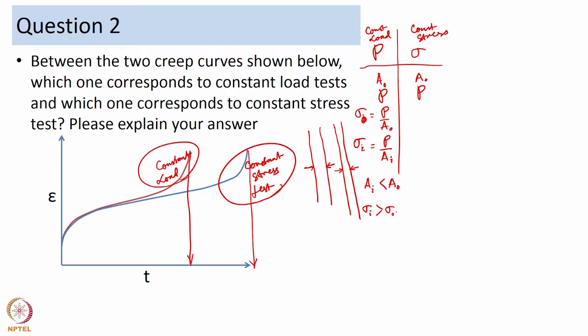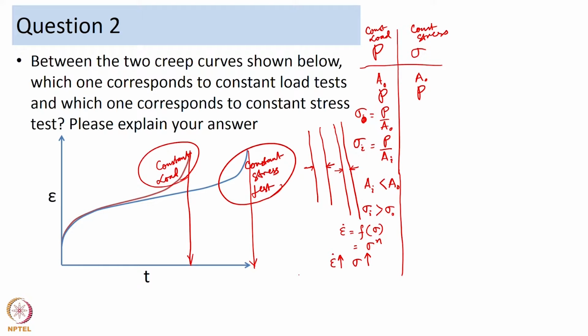What this also means is, since the stress is constantly increasing in a constant load test, the strain rate of deformation also increases, as it is a function of stress, with some dependence like epsilon dot proportional to sigma to the power n. As the strain rate of deformation increases, the material is going to go towards failure faster.